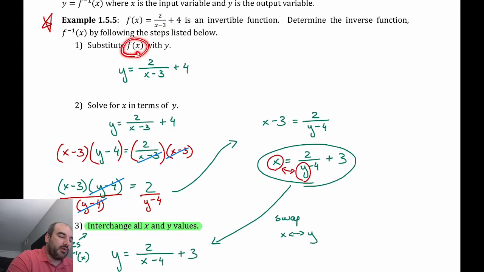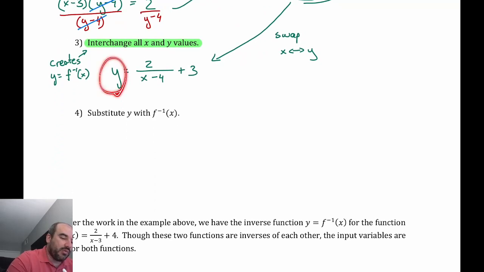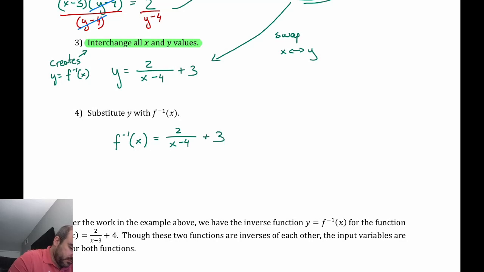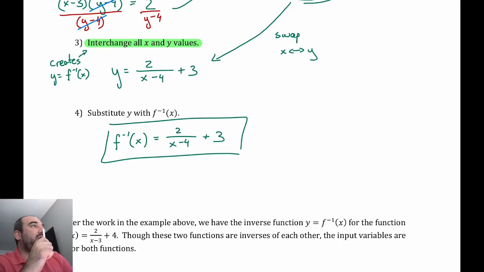We replaced f of x with y, and now that we've swapped the x and the y, this new y is f inverse. So we're going to rewrite this with the f inverse notation. And we're going to box that because that is going to be our inverse function.